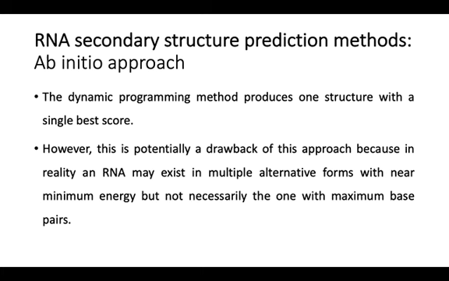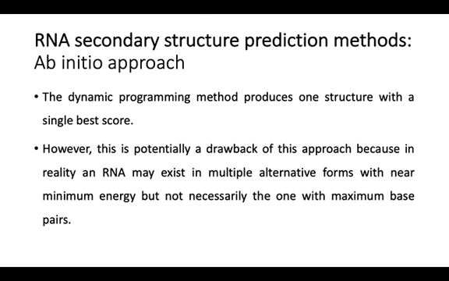However, this is potentially a drawback of this approach because in reality an RNA may exist in multiple alternative forms with near minimum energy but not necessarily the one with the maximum base pairs.